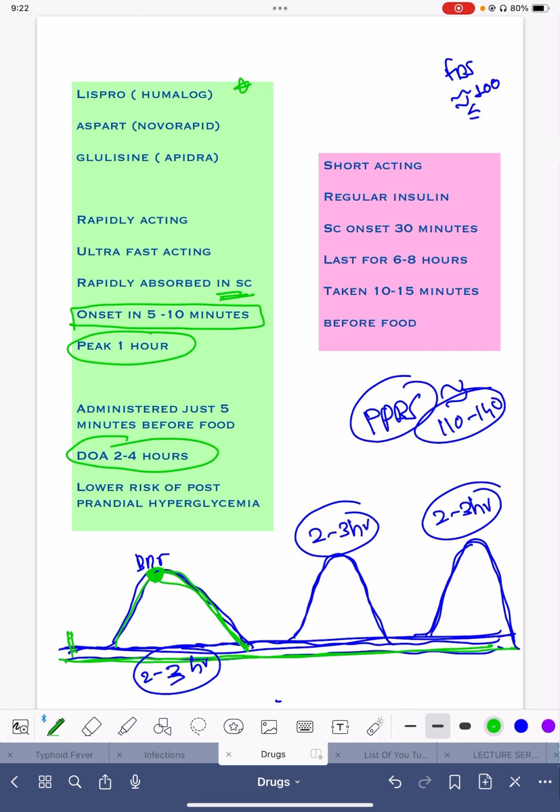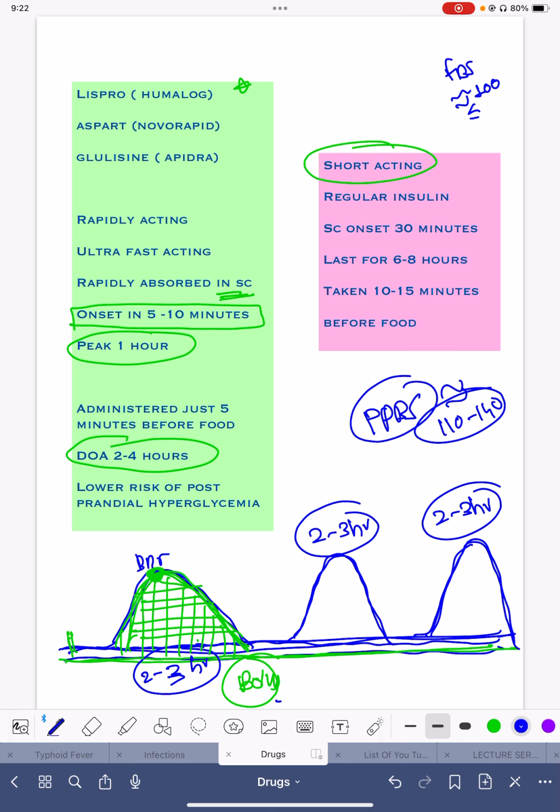So whatever they have taken, these ultra fast acting insulins can reduce this blood sugar level within 2 to 3 hours. So these act like a bolus insulin that our body releases, whereas these short acting insulins are kind of slower to act.